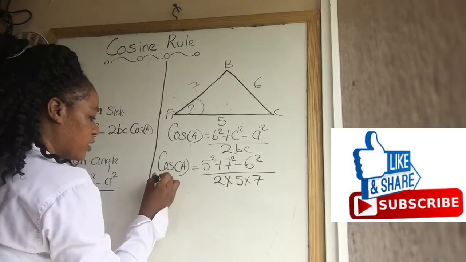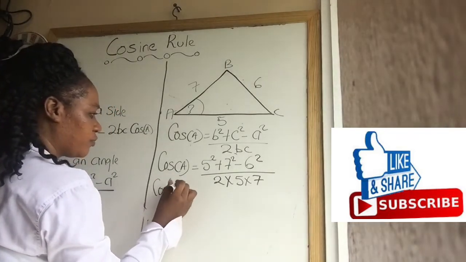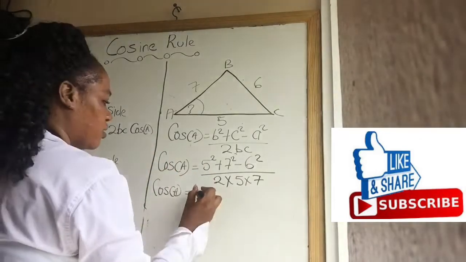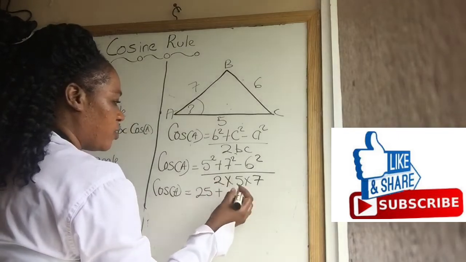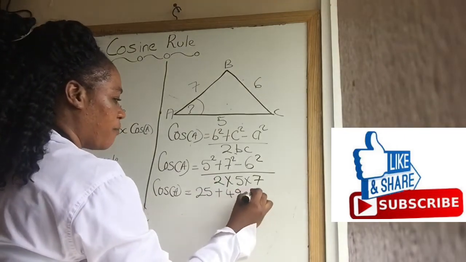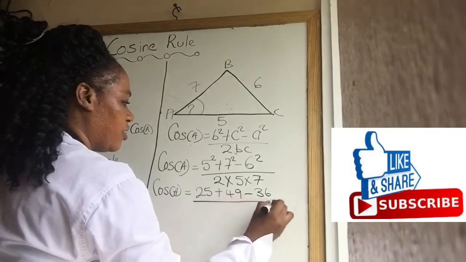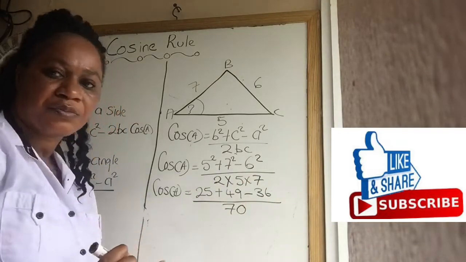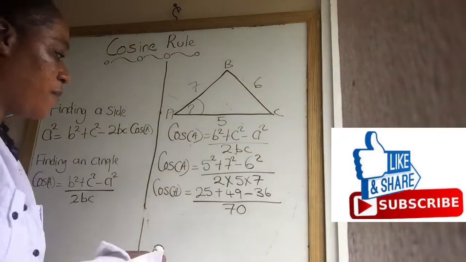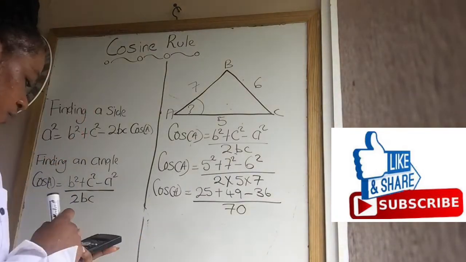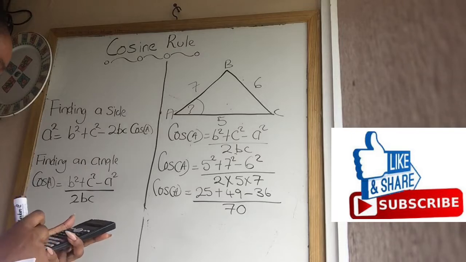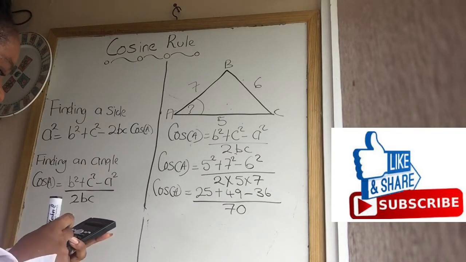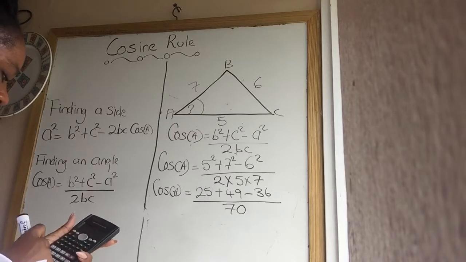So cos A is equal to 25 plus 49 minus 36, divided by 2 times 5 is 10, times 7, 70. From right here you can plug this straight into your calculator: 25 plus 49 minus 36, divided by 70.